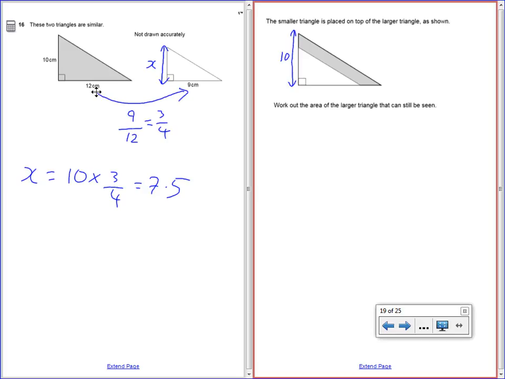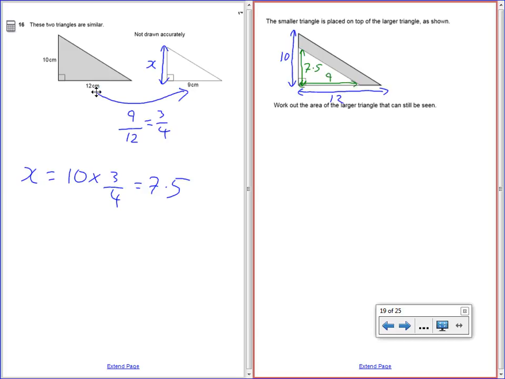But we've got 7.5 just for this little bit. Then we've got all the way along the bottom is 12. But then just the bit of the smaller triangle is just 9.